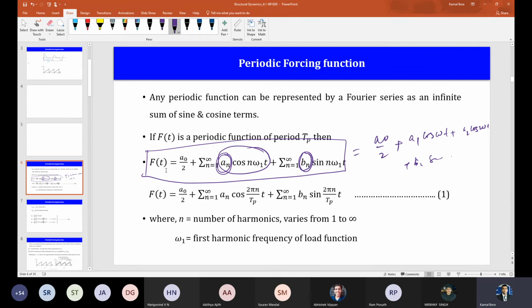So your a naught is the constant term, and that response you can easily find. So what is the response due to this term, a naught by 2? Come on. What is the response due to this term?